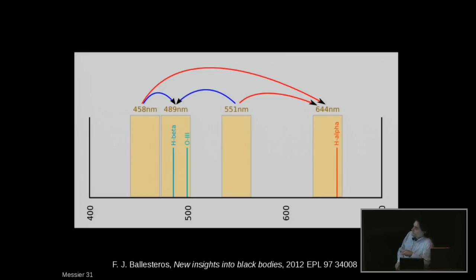So from these 2 filters, we calculated the black body radiation in this band and in this band when we have strong emissions. And in these 2 bands, we don't have any strong emission line.